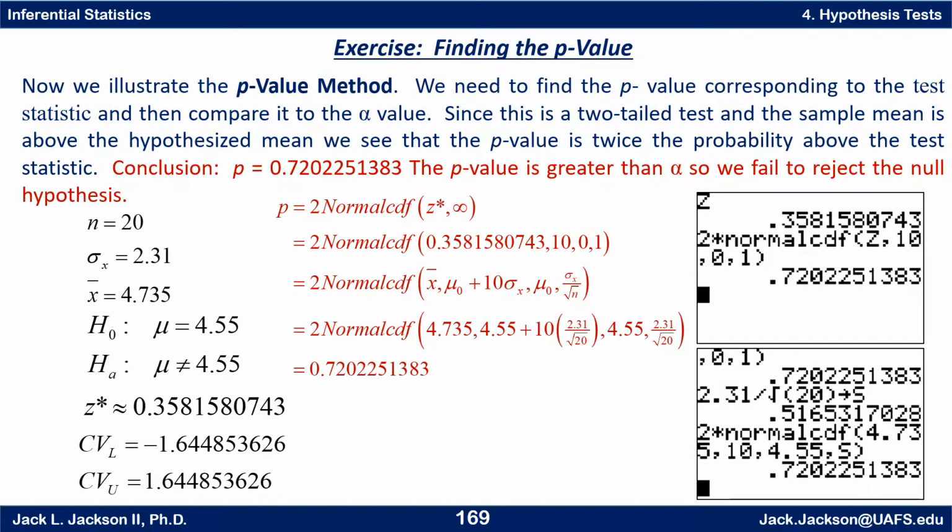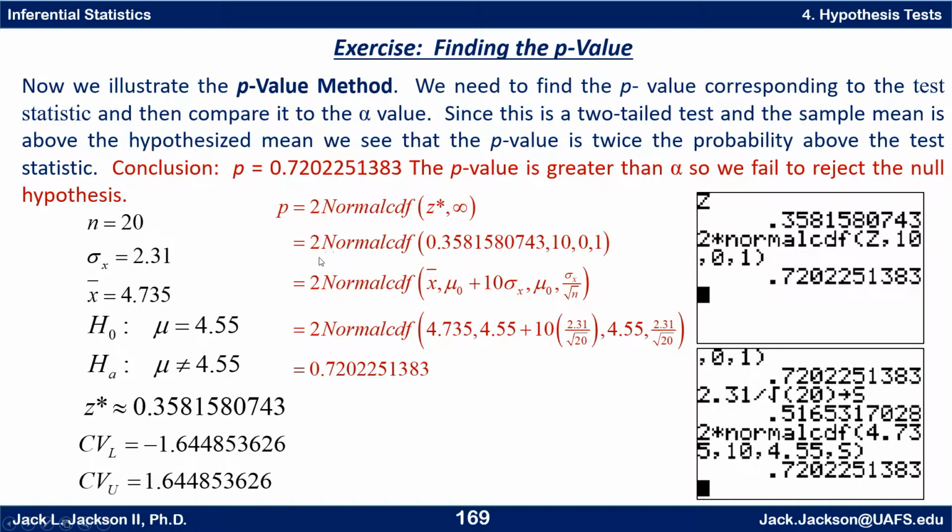For the p-value method, we can compute it either from the test statistic, the z, or z star, or we can compute it right from the X bar value. Either way, it's a normal CDF, but it is going to be twice that because the p-value is in both the left tail and the right tail, and we need to add those two together. They're the same size, so we just double it up. So it's 2 times the normal CDF from z star to infinity.